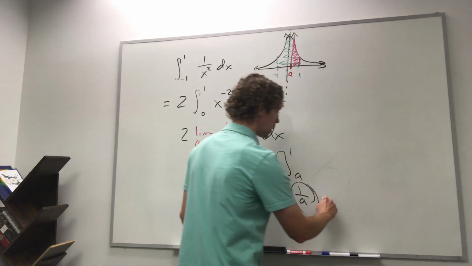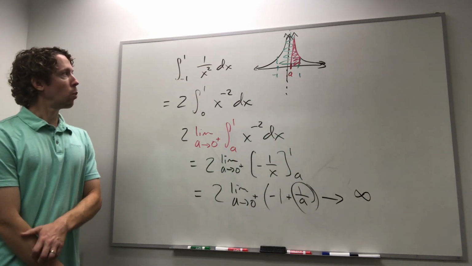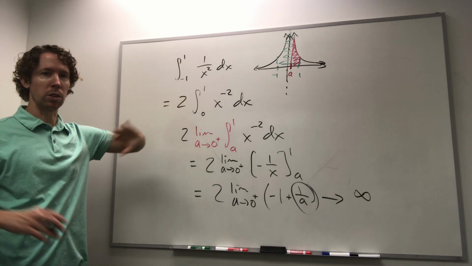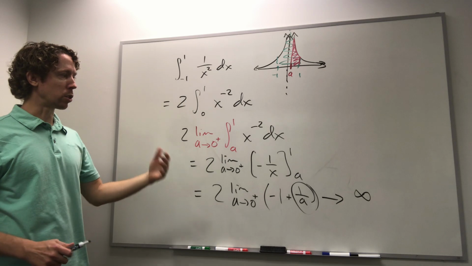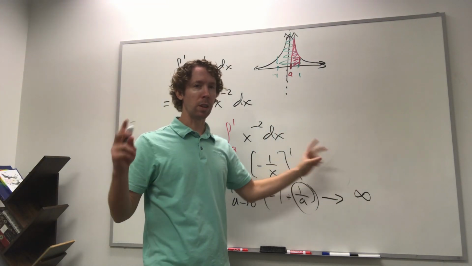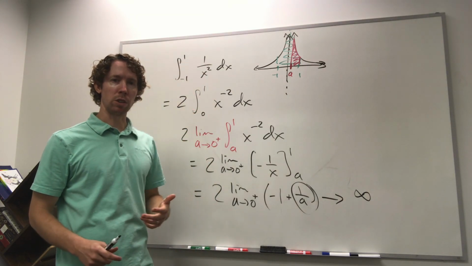So this is going to infinity. When your area turns out to be infinite, that means it's larger than any finite area that you can define. Then one way to describe that is to say that the area is infinite, or it equals infinity, or you can say that this integral is divergent.